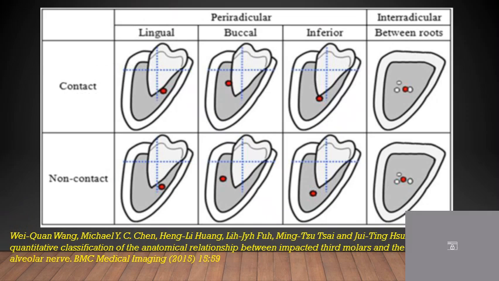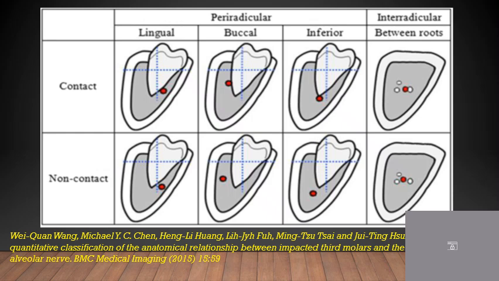There is also something called a quantitative classification of the anatomical relationship between impacted third molars and the inferior alveolar canal. It uses a Cartesian coordinate system from continuous buccal slices, where the inferior alveolar canal or the lower molar was closest, selected as a reference to show the relative position.